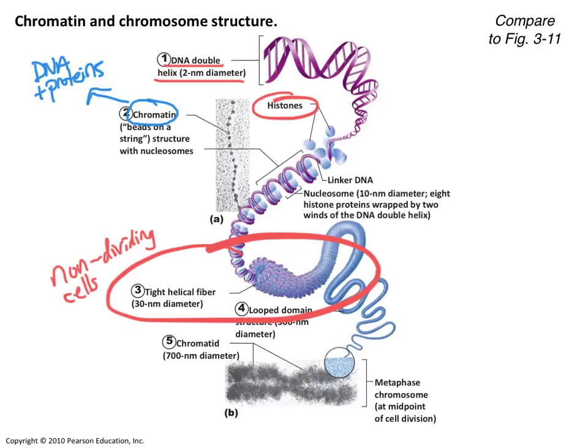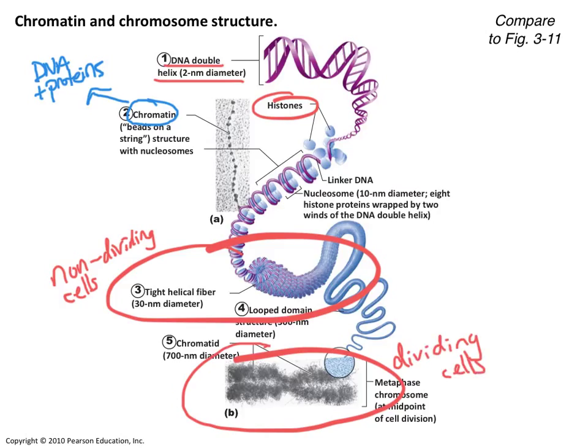So if a cell is getting ready to divide, the chromatin becomes even more tightly wrapped up, and it condenses to the point where you can actually see it visibly under the microscope. So this level of wrapping and condensation, that's what chromatin looks like in cells that are preparing to divide.